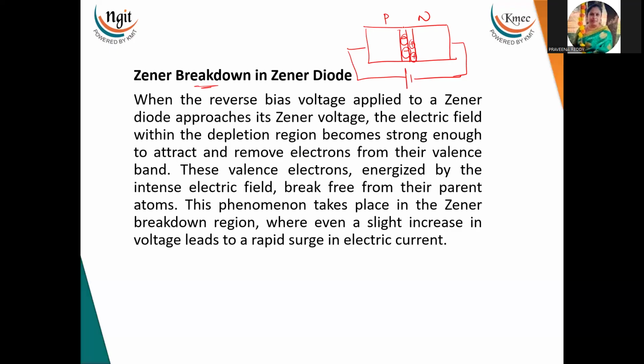This high electric field intensity tries to pull the electrons from the outermost orbit of these atoms, so more free charge carriers are induced in the P and N material. It leads to a rapid surge in electric current. This is about the Zener breakdown. And we will study the application of the Zener in the next lecture.